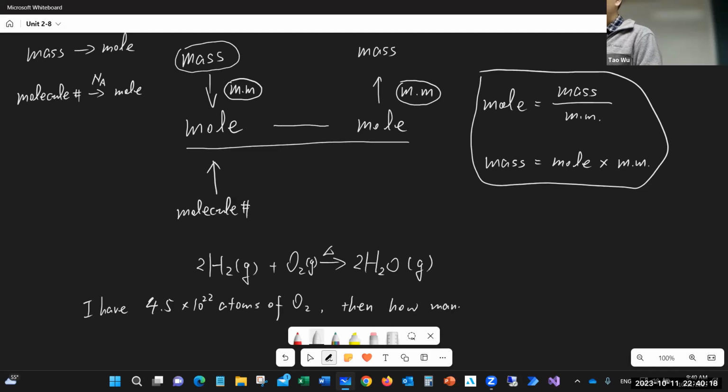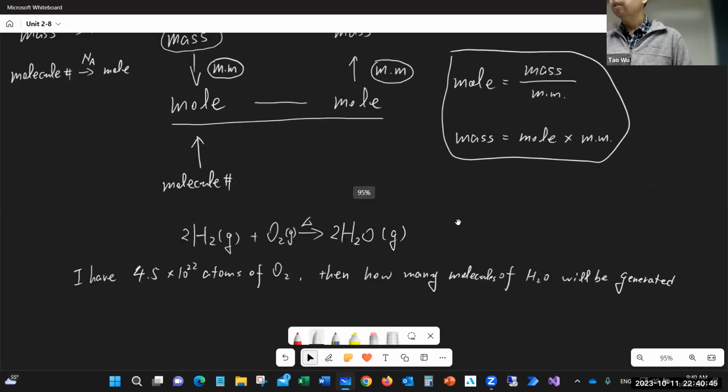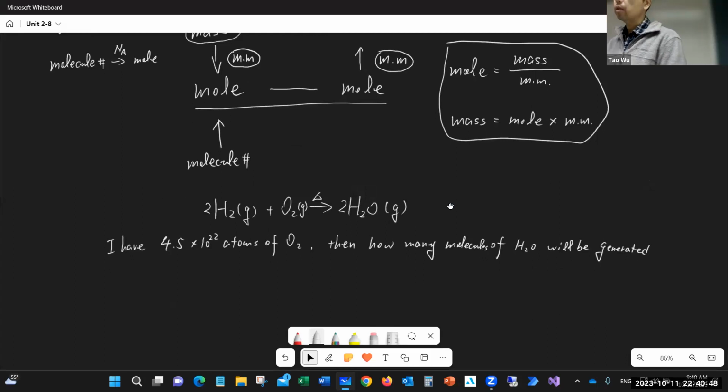Then how many molecules, not atoms, how many molecules of water will be generated? Okay, this question is not shown in the study guide, but it's similar.